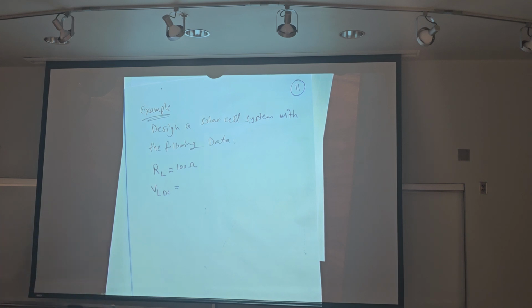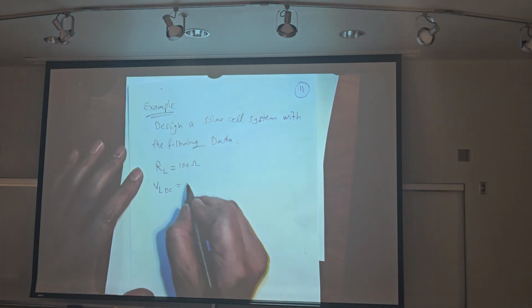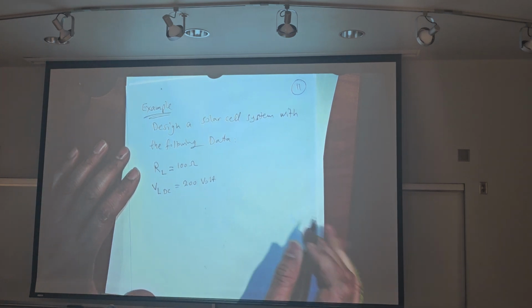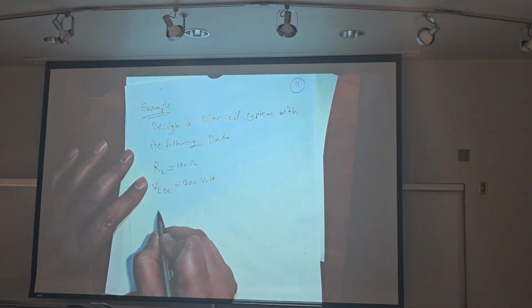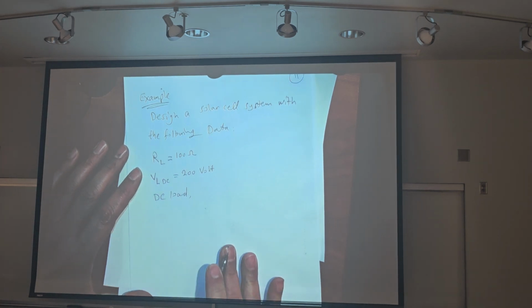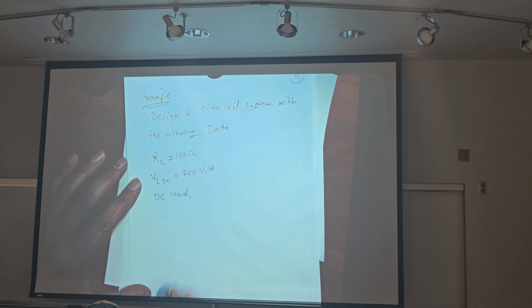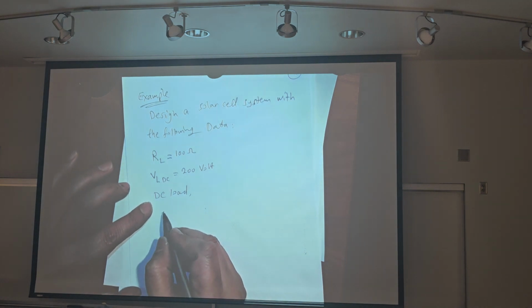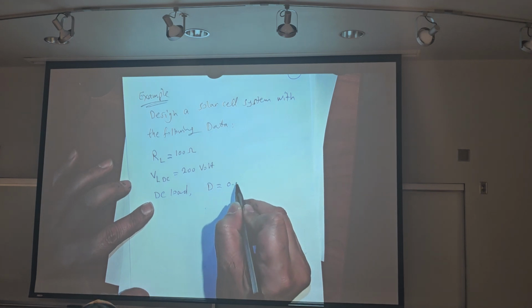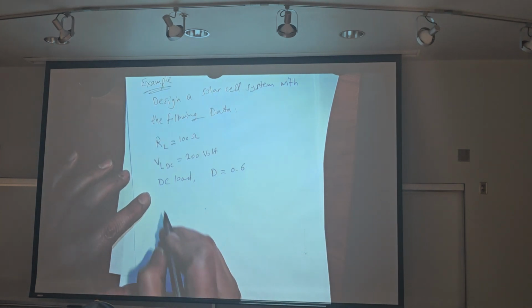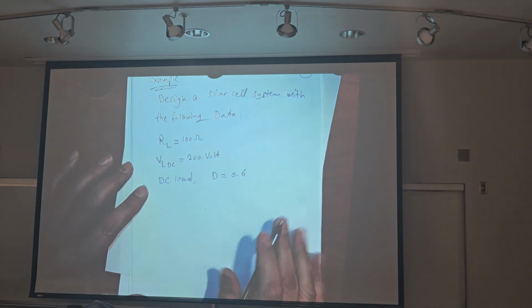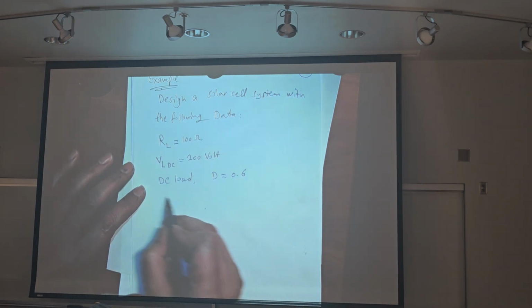V load DC equals 200 volts, DC load, duty cycle equals 0.6. Okay, that's it.